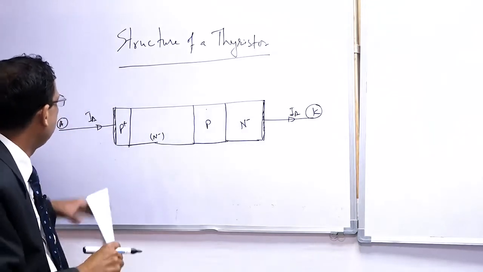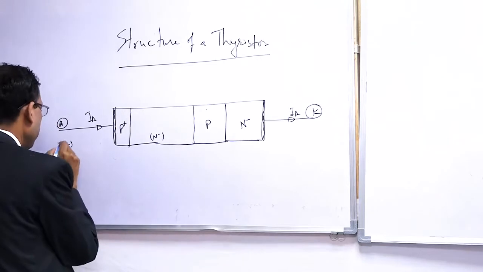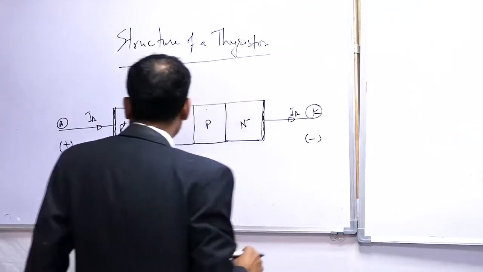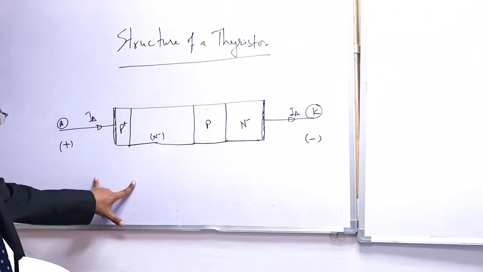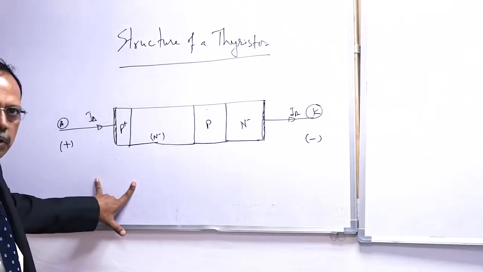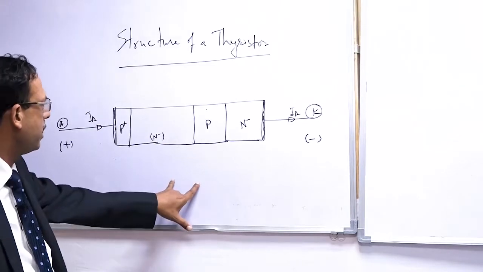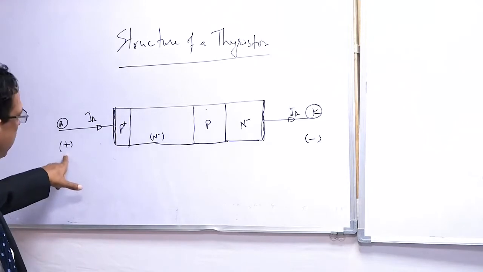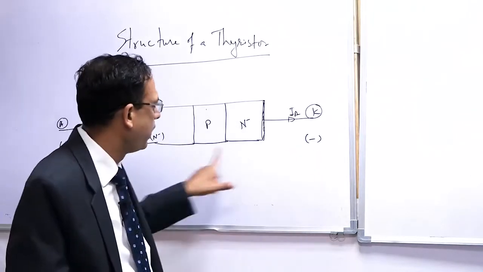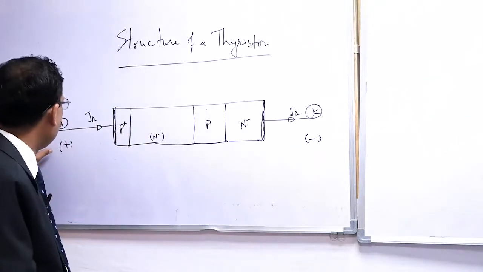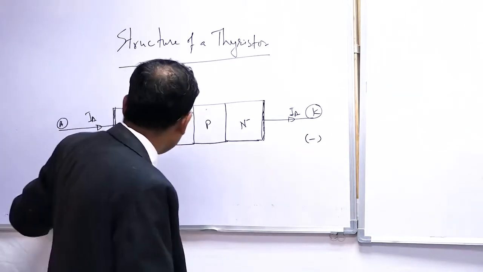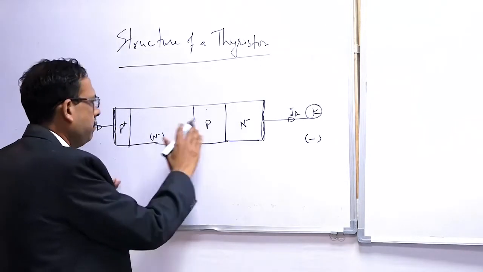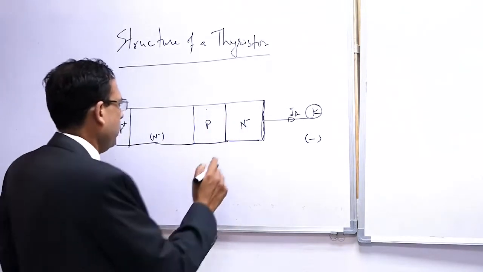We have an anode which is positive. Positive voltage generally we apply here, and cathode means negative. This supply could be a positive DC voltage, or it could be an AC voltage, and if it is AC, it will be changing its polarity every cycle, positive and negative. Assuming that anode is positive and cathode is negative, now just write down what you have understood. P, N, P, N. If I have written like this, sorry, it is N plus.